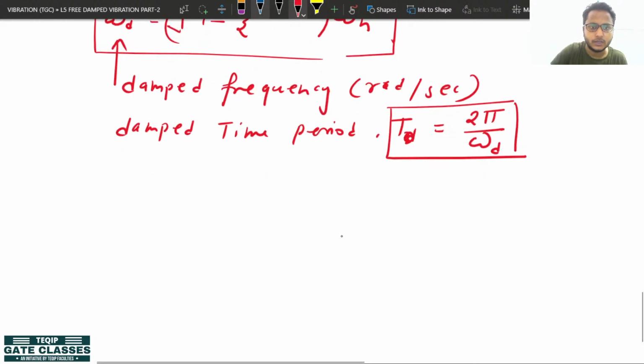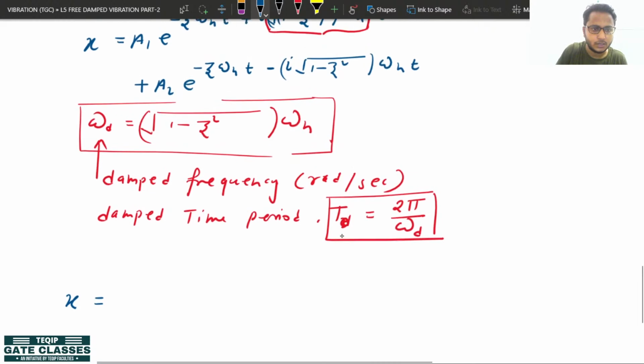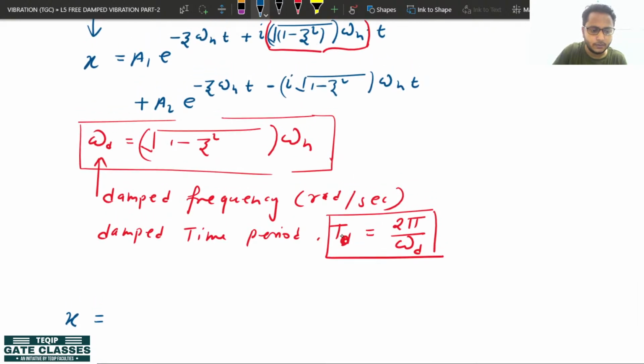The equation can be simplified. X equals, as you can see, a1 exponential to the power minus zeta omega n t minus iota omega d into t.